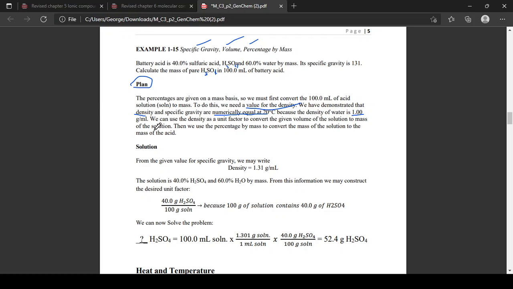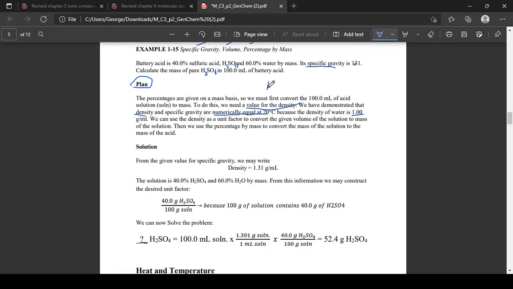The first and foremost, first step, ano brown ta? You need to find the density of your H2SO4. So your density from the given value for your specific gravity, pila? Is 1.31 grams per ml. Ang iya nga density. Nga kids, kaya ang iya ginhatag kids, specific gravity is 1.31 diri.